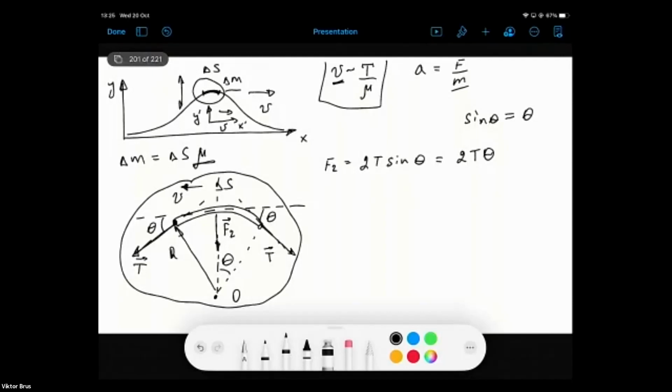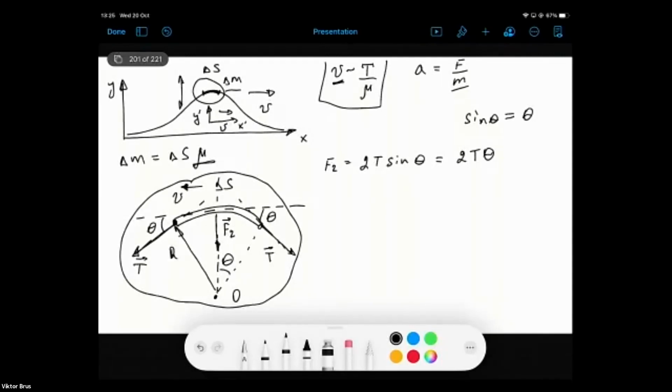So with respect to that mobile frame of reference, it will move to the left with the same speed v, which is the speed of propagation of this pulse on the string.